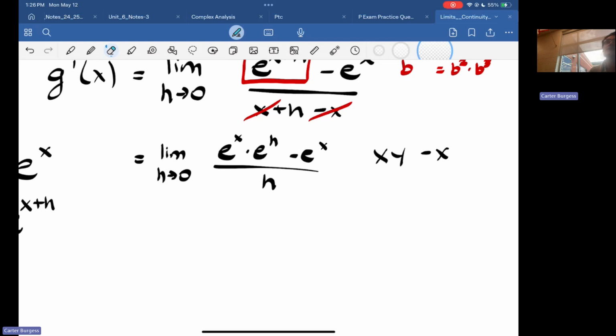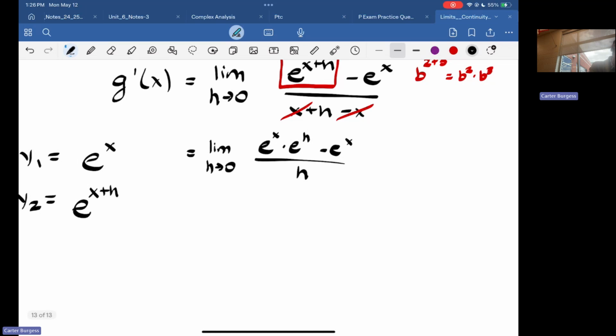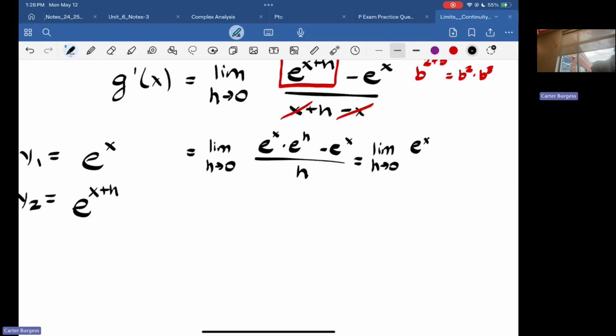We could factor the shared term out to the front. In this case, this is the limit as h approaches 0 of e to the x times e to the h minus 1, all over h. Limit as h approaches 0.